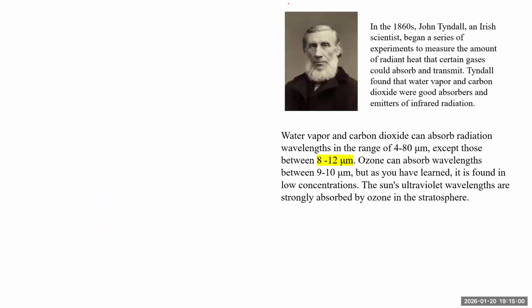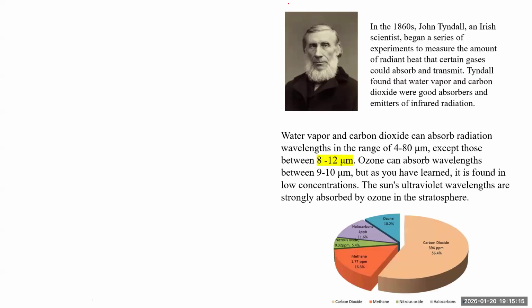And then, in fact, we did the calculation and observed the different composition of the atmosphere, then we understand the greenhouse gases. Water vapor and carbon dioxide are the two main greenhouse gases.